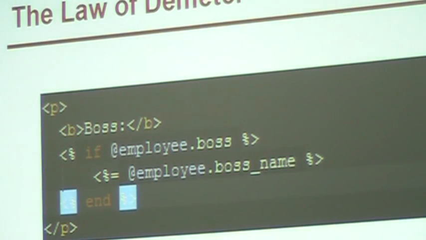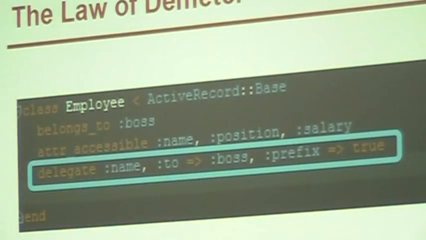So should the boss change or should the implementation change, the code will survive. And in case there is some incompatibility, I would know beforehand. I don't have to go at runtime to find out that the name method does not exist on the new boss. And how did I do it? Well, I used one of the callbacks in Active Record called delegate.